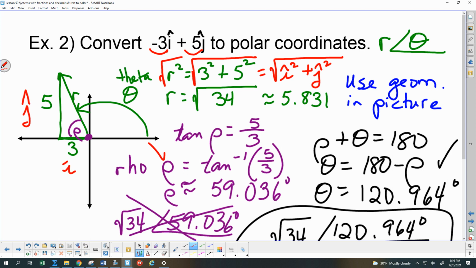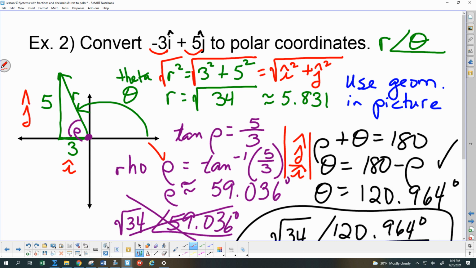And the i hat part is the horizontal. No matter which quadrant I'm in, that's always going to be adjacent to my angle. So this was the inverse tangent of the j hat over the i hat, except that I only worried about the positive values of that. I didn't really want any negatives in there, so that's why I'm going to put the absolute value in there.